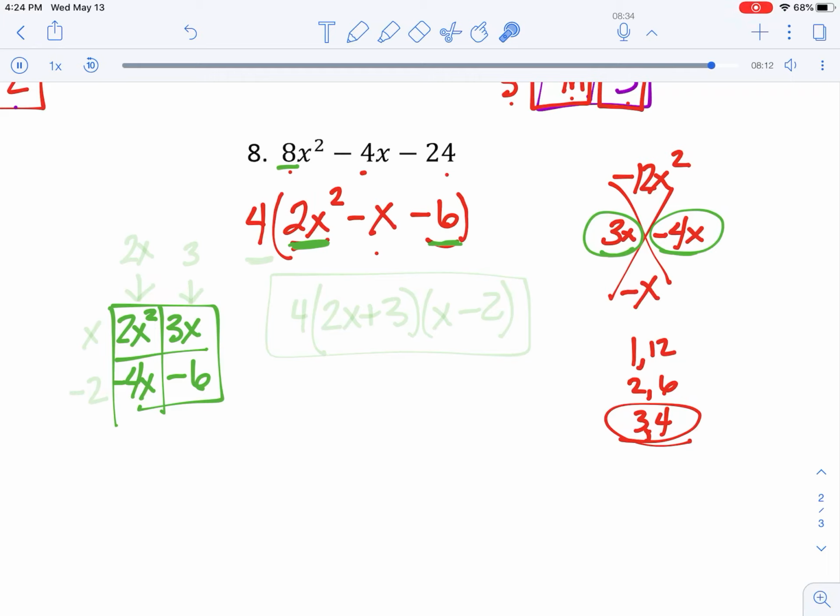And then we factor out. So something that goes into both of those is going to be 2x. Something that goes into both of those is going to be a 3. 2x times x and 2x times negative 2. Don't forget the 4. So 4 from the beginning, 2x plus 3, and x minus 2.